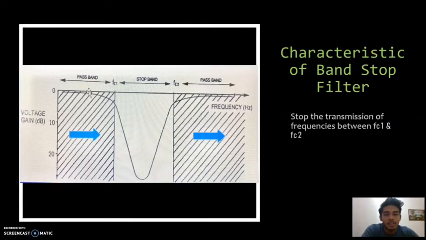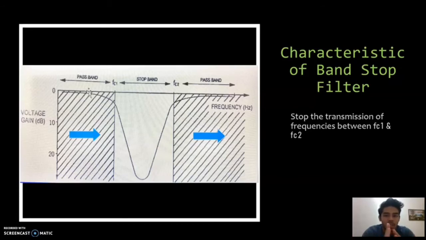Characteristic of band stop filter. Okay, first, the characteristic of a band stop filter is that it stops transmission of frequency from the low pass frequency to the high pass frequency.